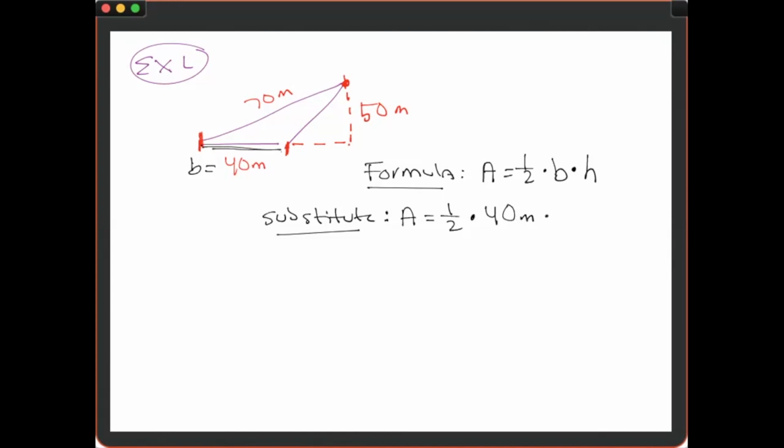Now height. Remember, this is not your height. It's a slant. If it's slanted, that's not going to give you the height. Just imagine if you went to the doctor's office and you're slouching, or you're leaning against the wall at a weird angle. That's not going to represent your height.